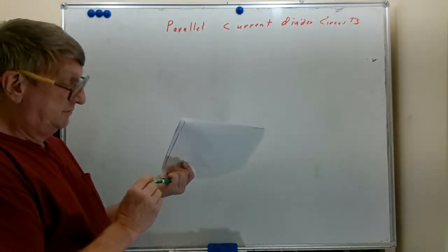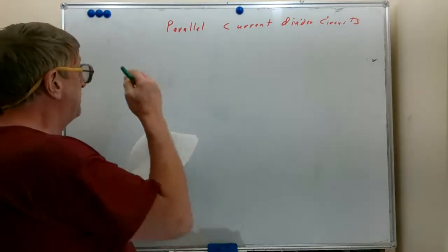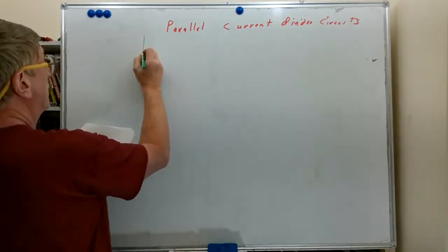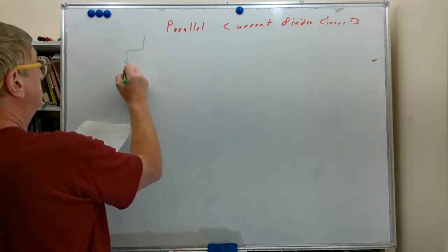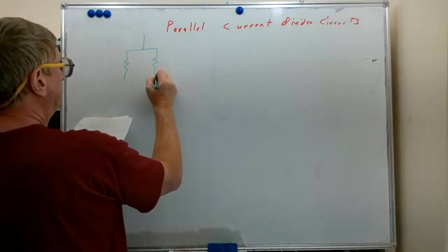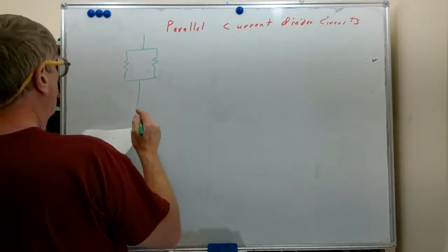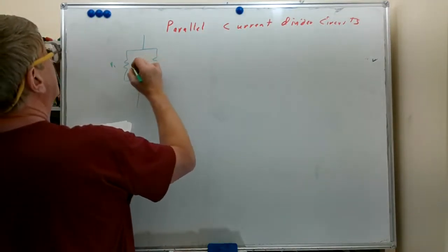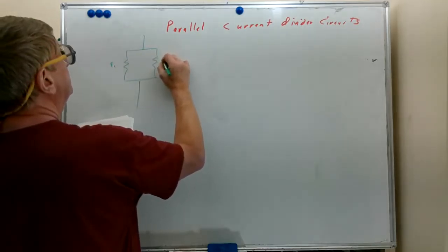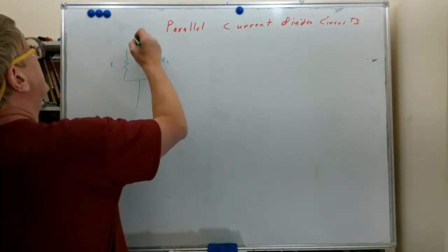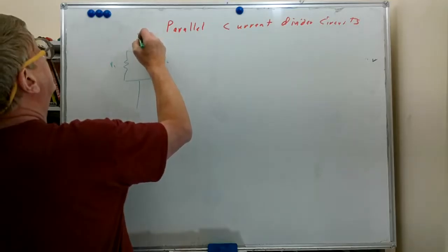Well, if we have two parallel resistors, we'll call this R1 and this R2, and we have a current in here, IT.